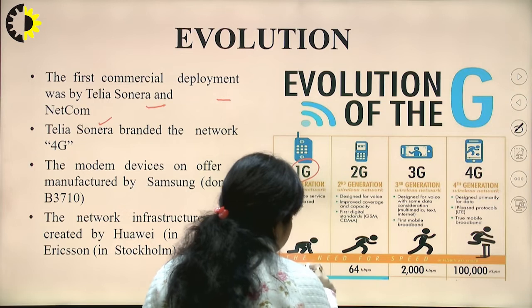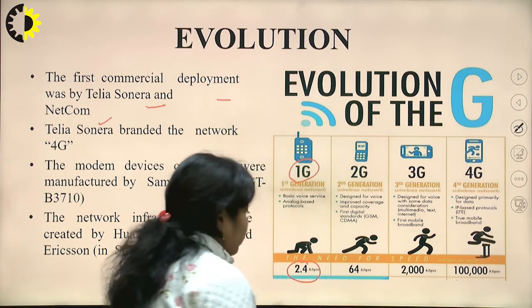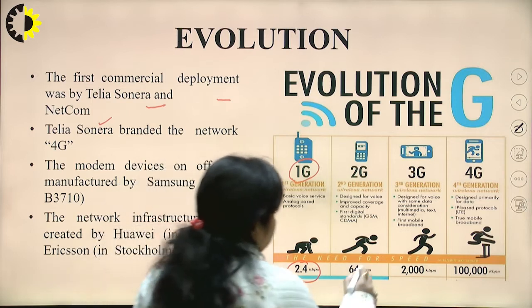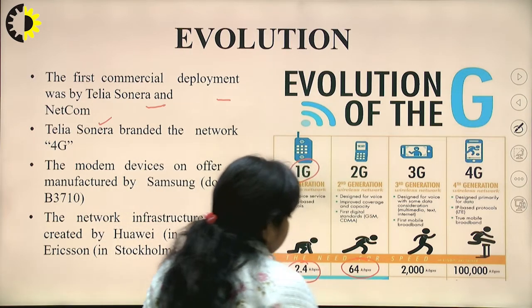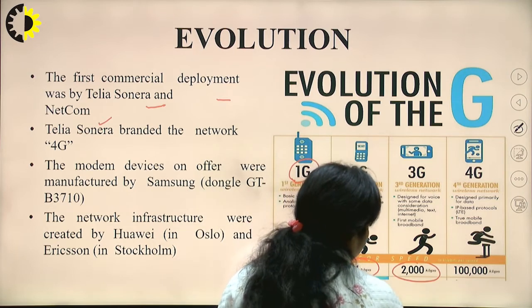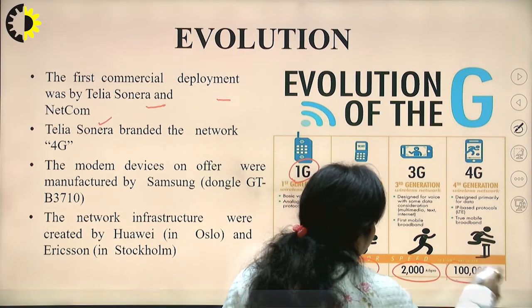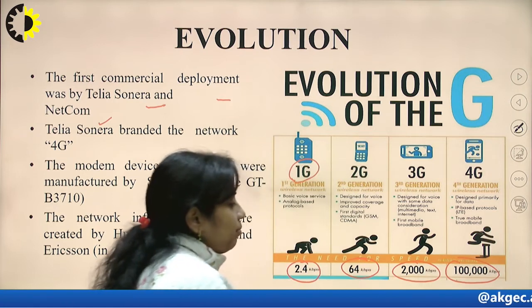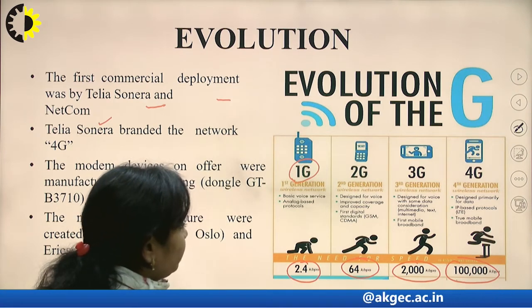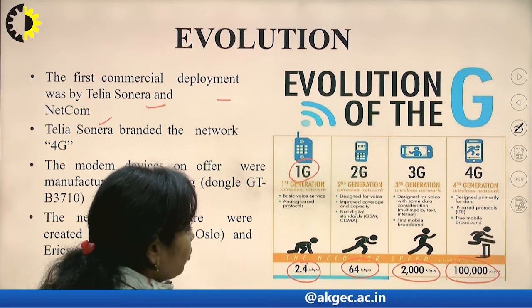Initially, in the first generation, 2.4 kbps of speed is provided. In the second generation, 64 kbps is provided. The third generation will provide 2 Mbps of data, and this one will provide 100 Mbps of data. So this is all about the speed provided.